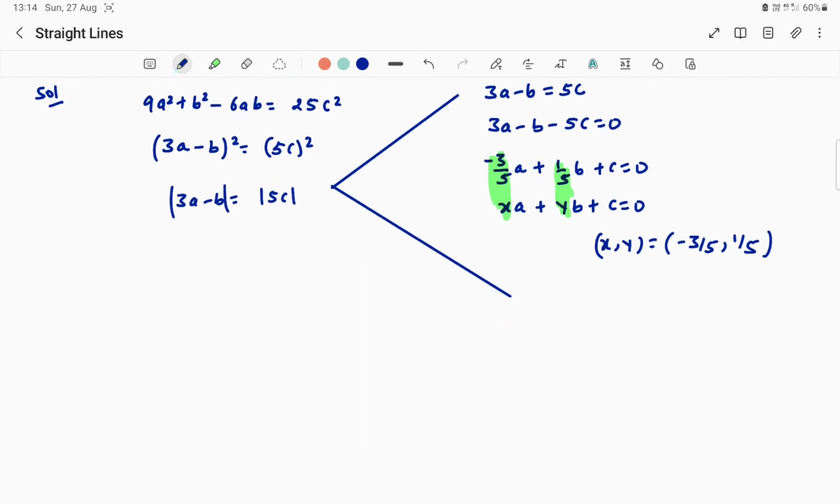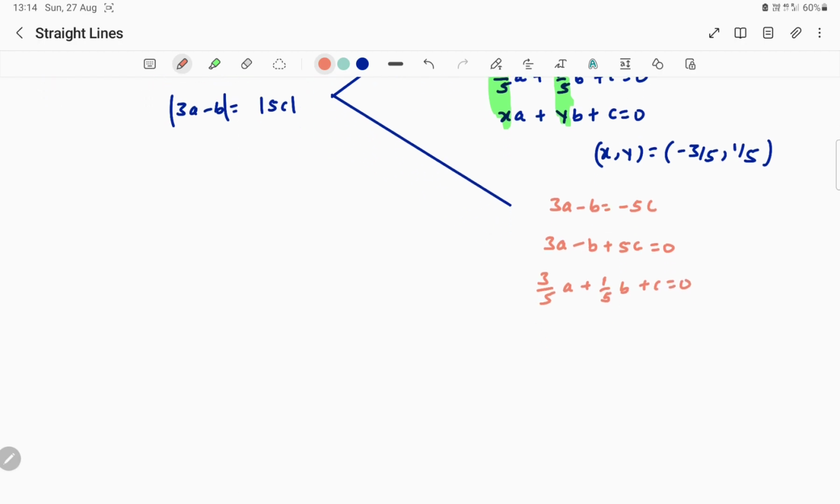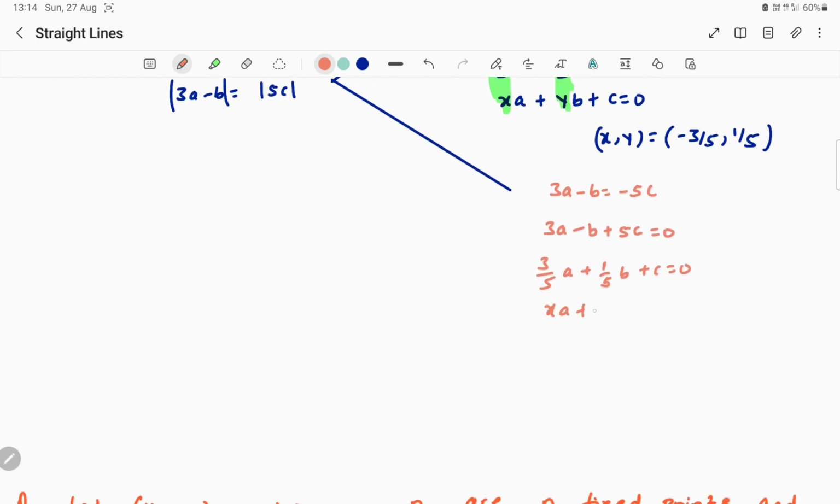Case 2 is 3a minus b is equal to minus 5c. So 3a minus b plus 5c equal to 0. Just divide by 5. So we get 3 by 5a plus 1 by 5b plus c equal to 0, and the line equation is xa plus yb plus c equal to 0.